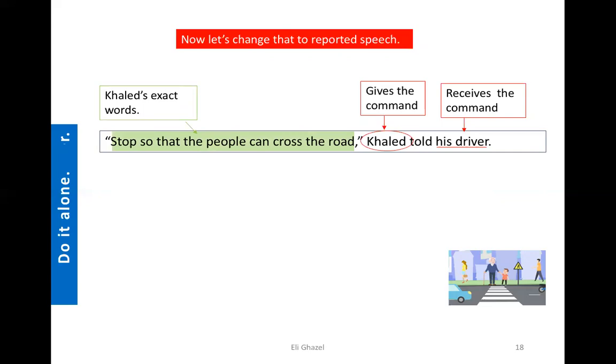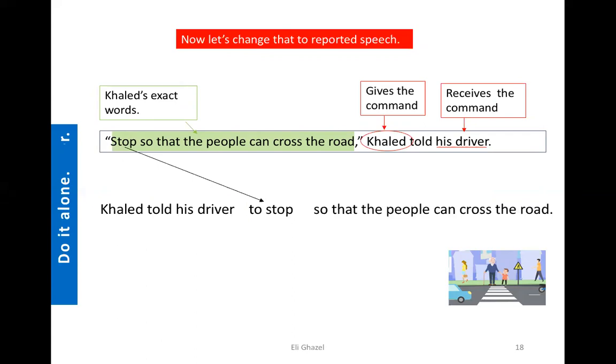Now, reporting it, we need to start with Khalid told his driver. That's fine. What happened to the stop? It needs to be preceded with a to: to stop. And we follow with the rest of the sentence. Don't forget capital letters and punctuation marks. All of these are very important so that they become a habit.